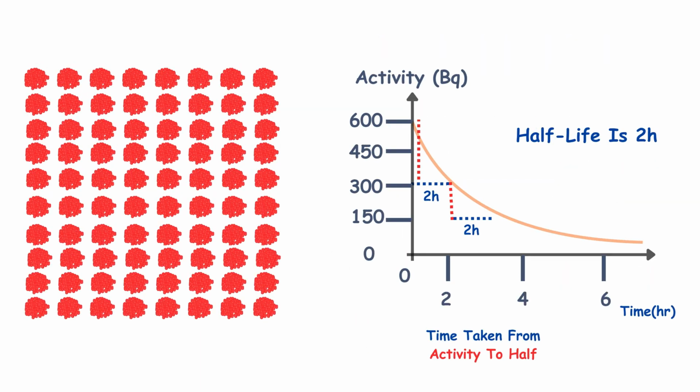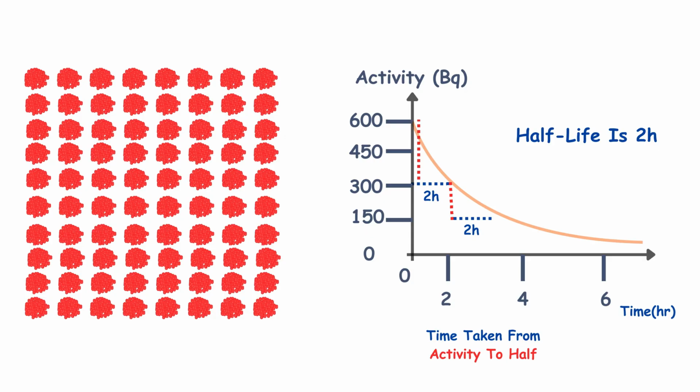Another very useful way of demonstrating this decay process is by using a graph where we plot the activity measured in becquerels on the vertical axis and time on the horizontal axis. As we move forward in time, both the number of radioactive particles and the activity will continuously decline. However, this decline does not happen at a constant rate. Instead, it slows down gradually, which is why the line on the graph is curved rather than straight.